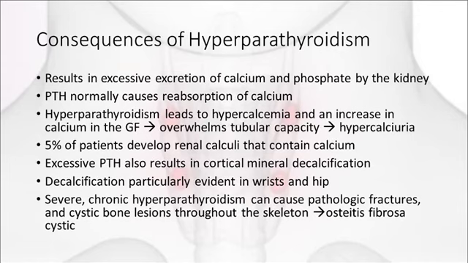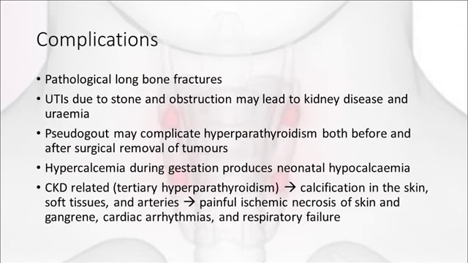Severe chronic hyperparathyroidism can cause pathological fractures and cystic bone lesions throughout the skeleton, such as osteitis fibrosa cystica. It may also lead to pathological long bone fractures due to bone mineral density lost in the long bones.